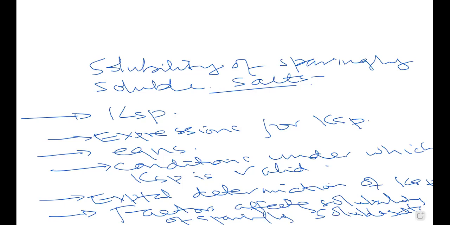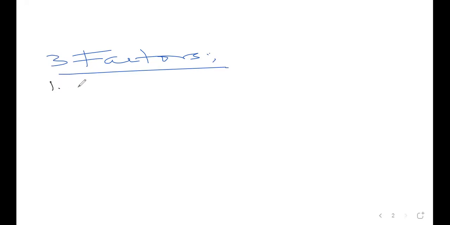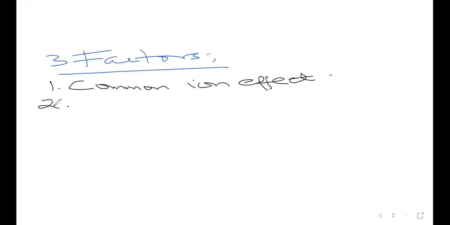We said there are three factors that affect solubility of sparingly soluble salts. The first factor was common ion effect, and I explained it in detail.